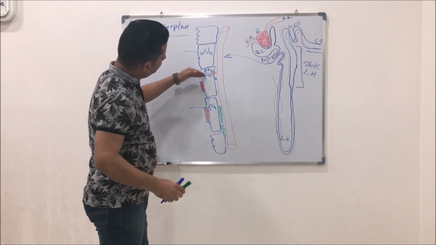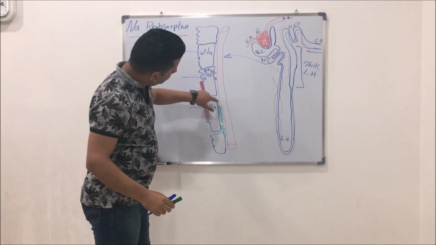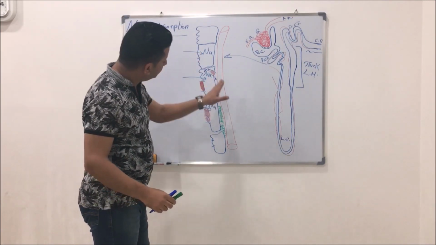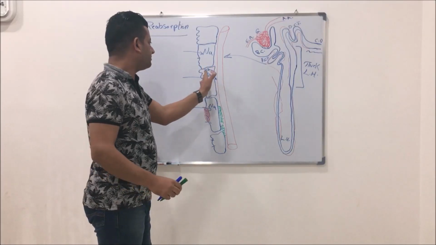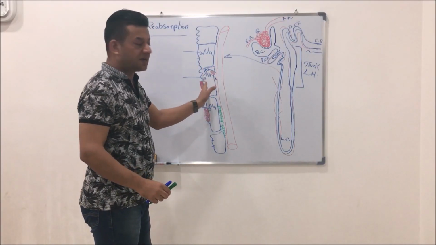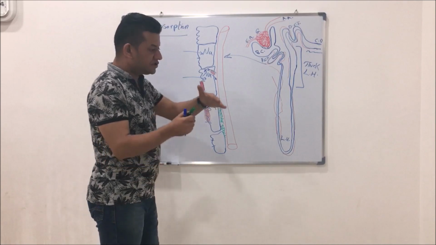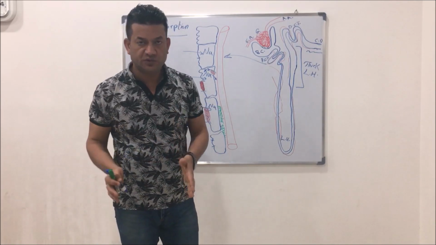Sodium will be pumped actively to the intercellular spaces and potassium will be pumped to the intracellular spaces in exchange of sodium, as you know about the sodium-potassium pump.